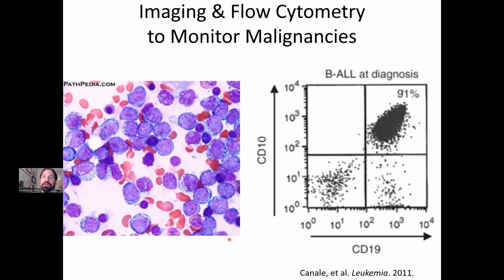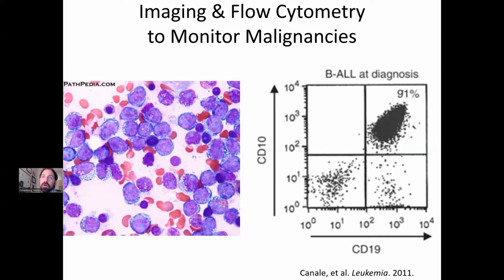So just to introduce some core concepts as you do your reading. The reading will be around the Brentjens et al. paper. And again, we've already seen the slide, but just a quick reminder is that imaging and flow cytometry will be very important in order to understand the upcoming paper. So this again is a blood smear. This is just a peripheral blood sample.